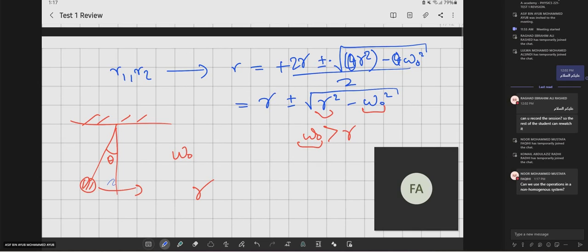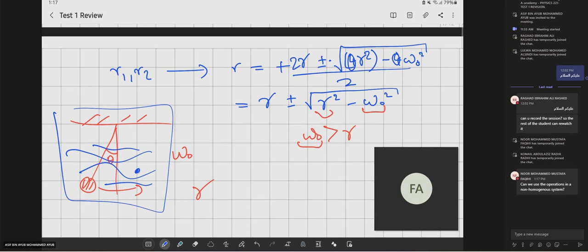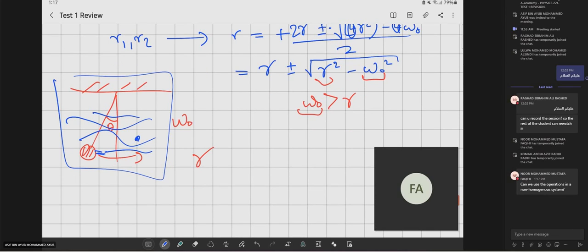So suppose I have this inside a bucket of oil, for instance. The oil will oppose the motion of this ball. The drag force is proportional to the velocity of the object, so the constant is actually F drag is 2 gamma V.